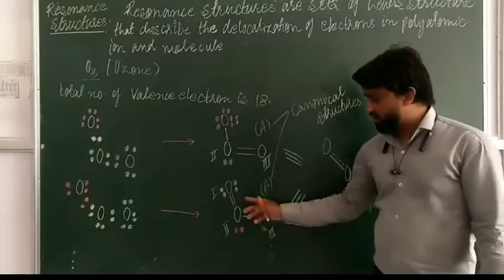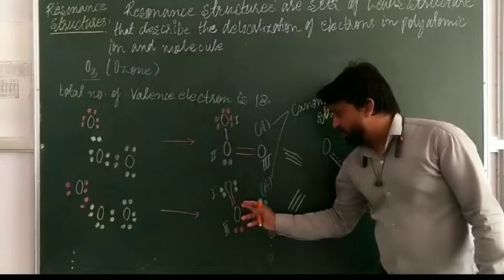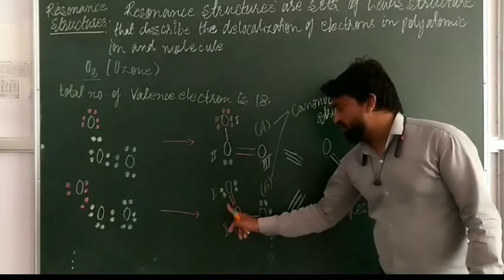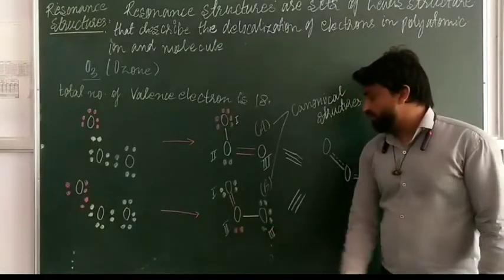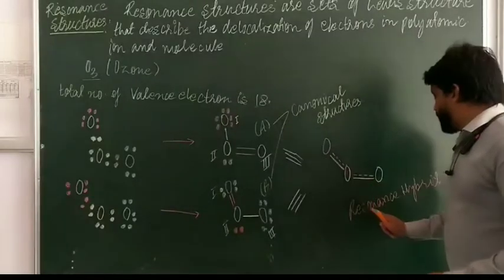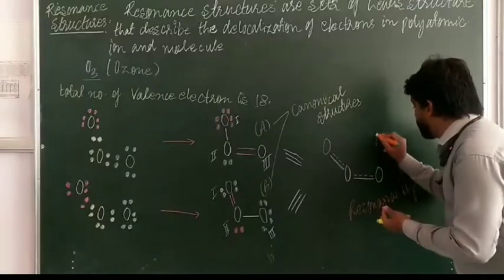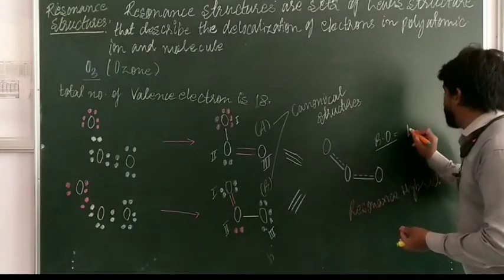In the second set of Lewis structure for the ozone molecule, the first and second oxygen have a double covalent bond, hence the bond order is 2, and this one has bond order 1. In the resonance hybrid, the bond order is 1.5.